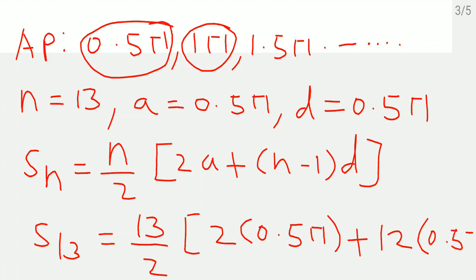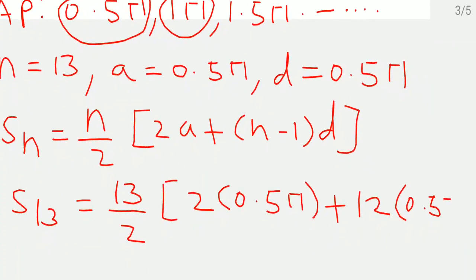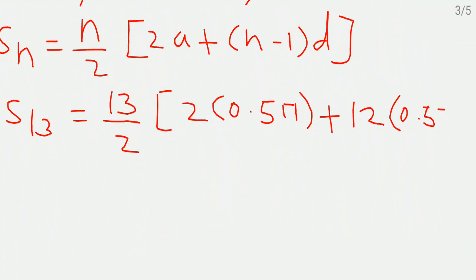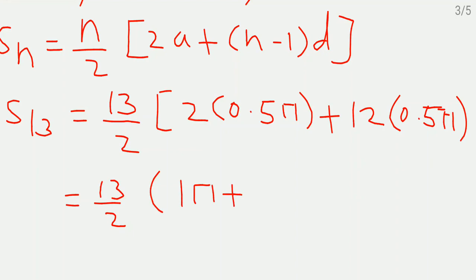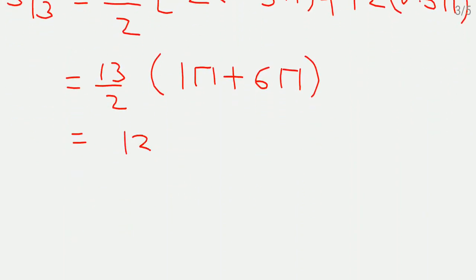Okay. Now just see here. I will just write down 0.5 pi. Now which is equal to 13 by 2 as it is in the bracket. 0.5 into 2, it is 1. So this is 1 pi plus 12 into 0.5, it is 6 pi. Okay, so it will become 13 by 2 into 7 pi.